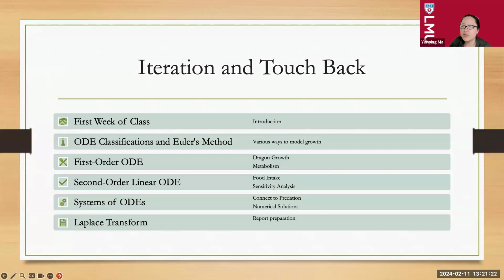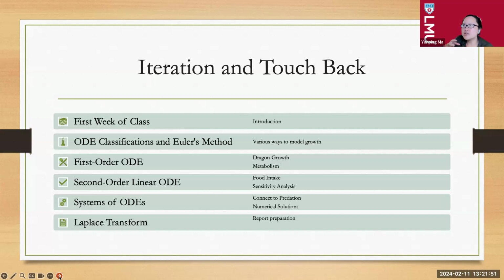So to finish this whole thing, my tentative plan is, the first week of class, I've already told my students this is something we're going to try to do this semester. And then the second step we've already done: when I introduce ODE classification and Euler's method, I like to begin teaching differential equations with Euler's method, because if there's only one thing to remember after taking an ODE class, I hope that's the thing to remember.